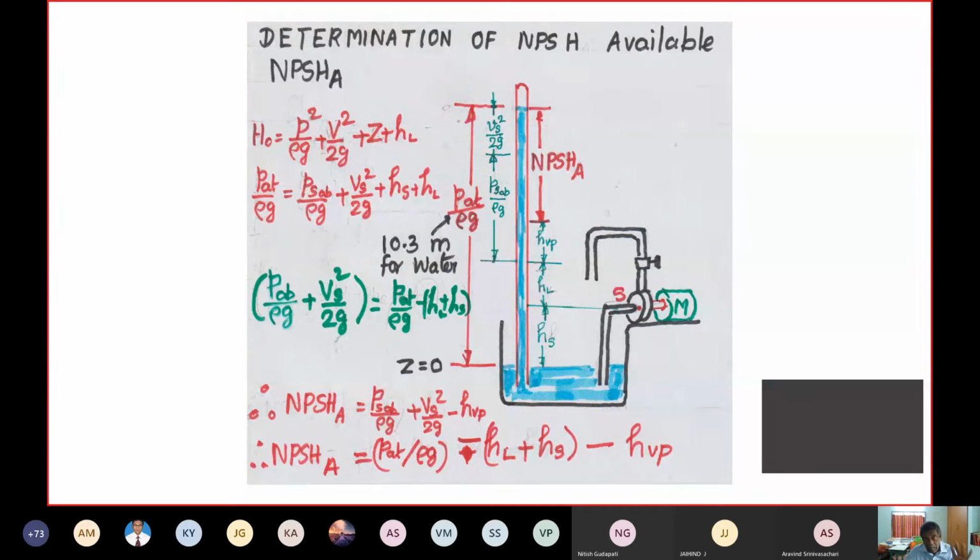That is the total head available in the system, the Bernoulli constant. See, Bernoulli's equation, if you compare between 2 points, from the first point, if there is H0, in the second point you will have the values like P2 by rho g plus V2 square by 2g plus Z2 plus the head loss between 1 and 2.